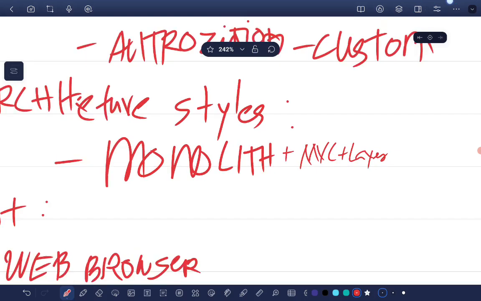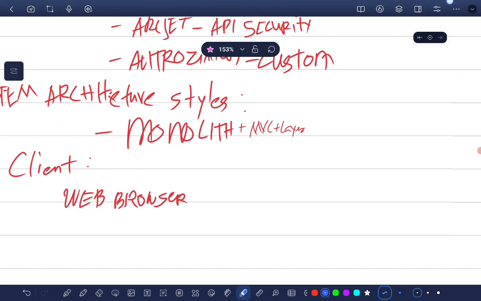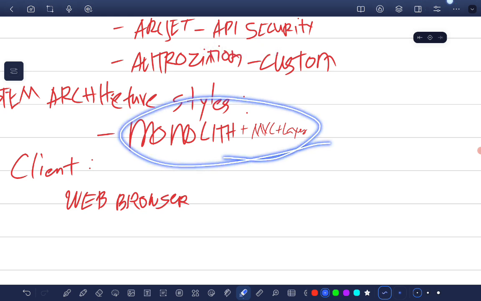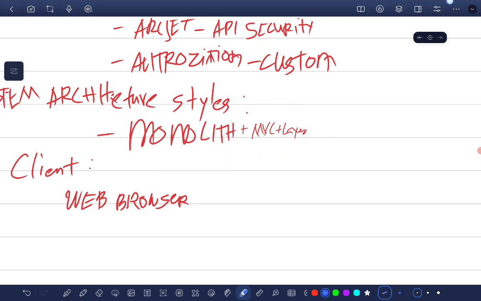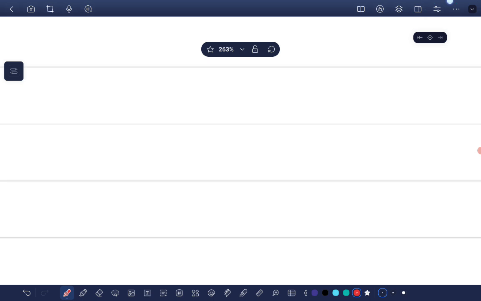That is the architectural structure of Laravel. Now, why do we need to know this? Why is it important? This is important because, where do I write this? Wait.